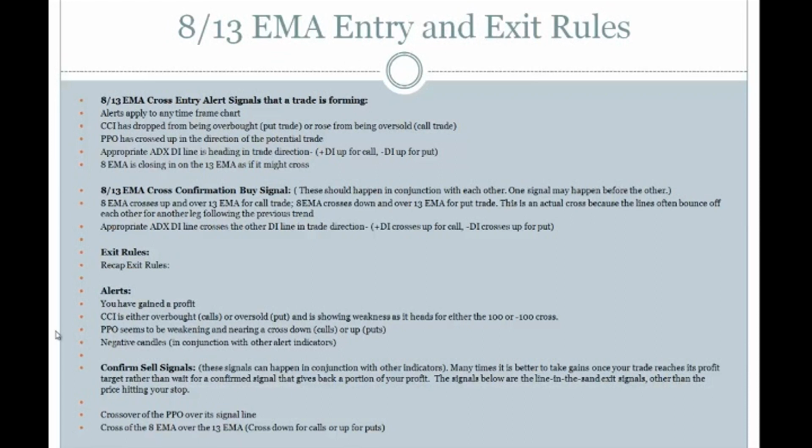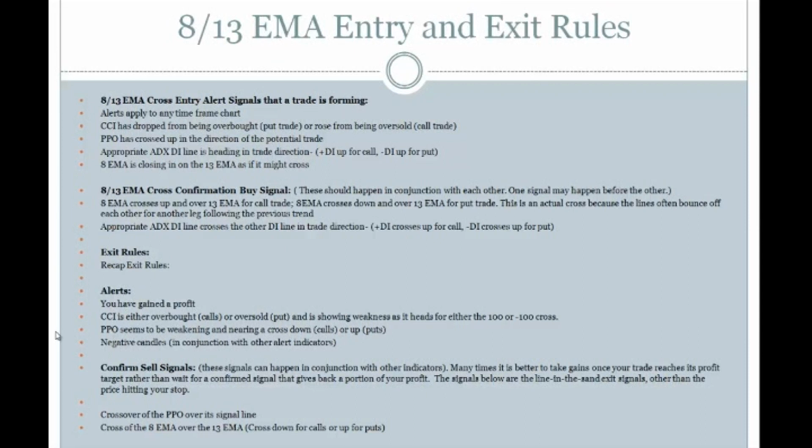The confirmation signal, the buy signals, and these can be happening together, is the 8 EMA actually crosses over the 13, and that would be up for a call trade or down for a put trade. And this, I'll remind you, is an actual cross.